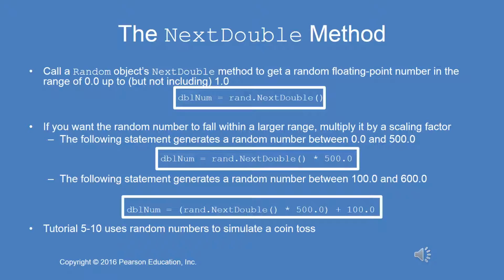So in the second example, the second or middle rectangular box, we have some code that generates a random number between 0 and 500, not including 500.